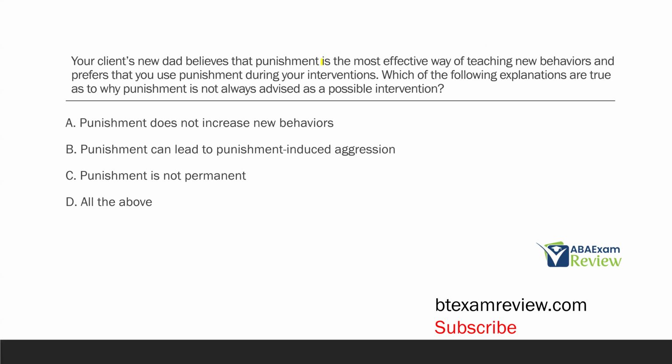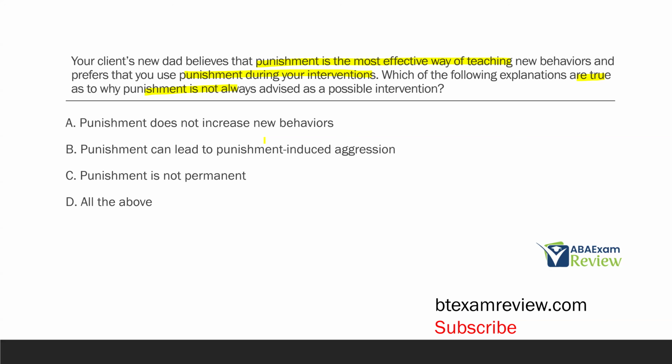In this case, your client's dad says punishment is the most effective way of teaching new behaviors, and they want you to use punishment during your interventions. What might you say with your supervisor that would be true as to why punishment might not be advised as an intervention?